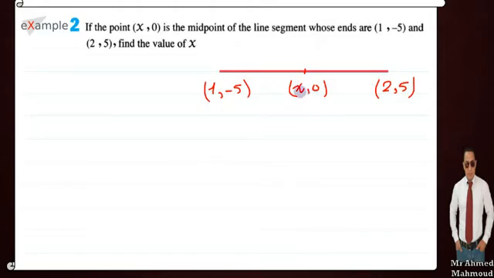Here x equals x1 plus x2 over 2, so x equals 1 plus 2 over 2, which equals 1.5. I don't need to check the other because the y coordinate exists in the 3 points. The next example.